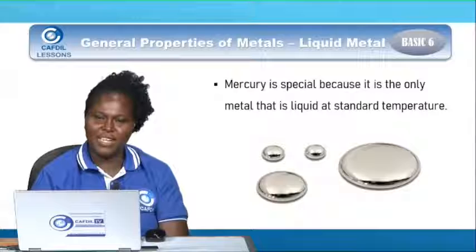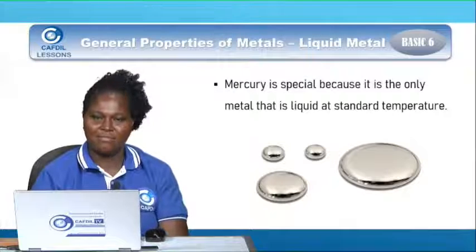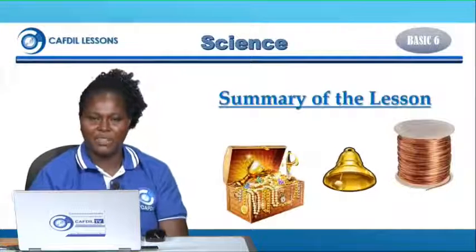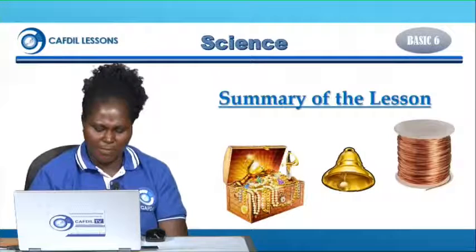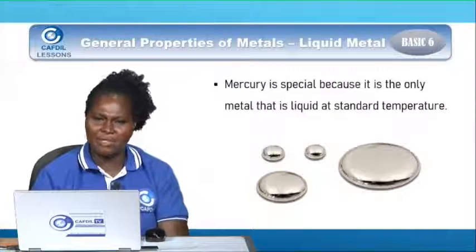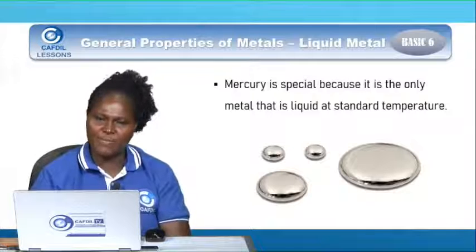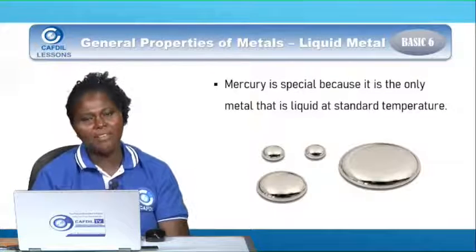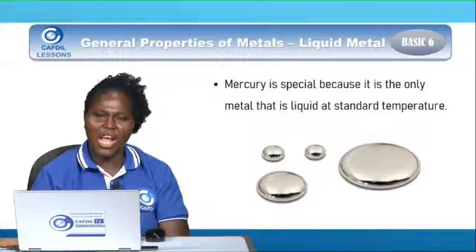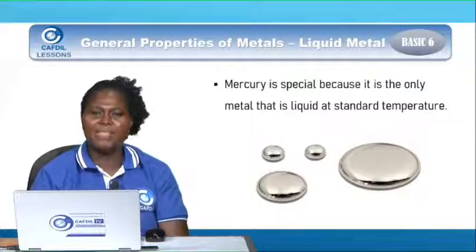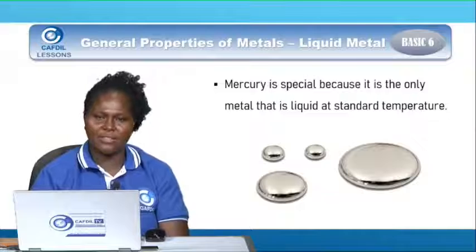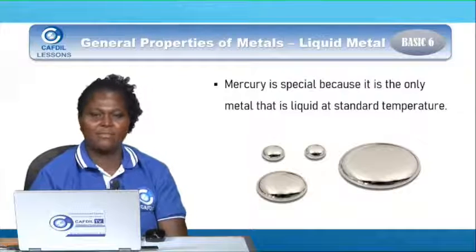Children, you have seen it. Yes. Let's continue. Now, let's talk about the mercury. When you go to our various hospitals, the thermometer we use to check our temperature has the mercury liquid metal in it.